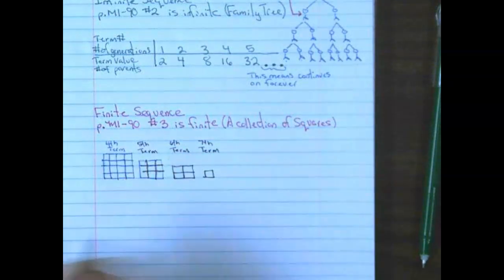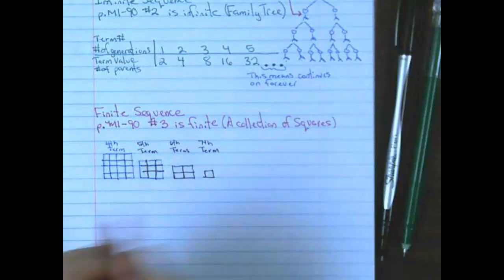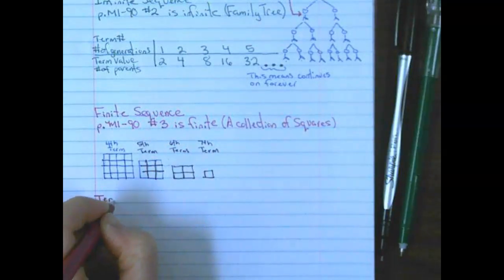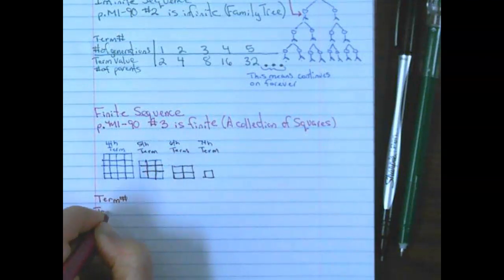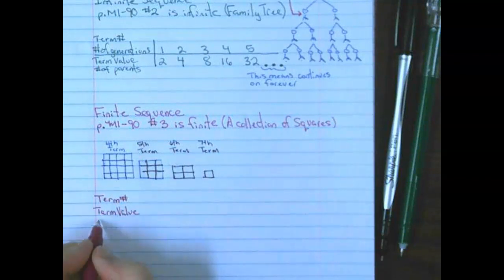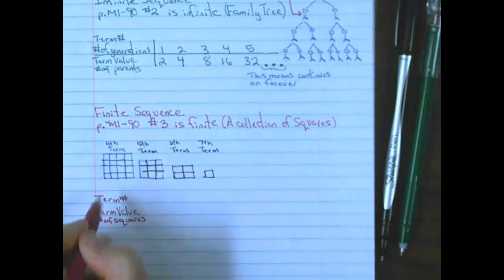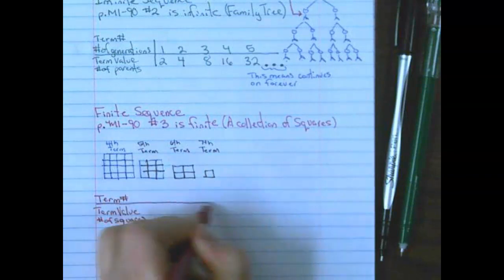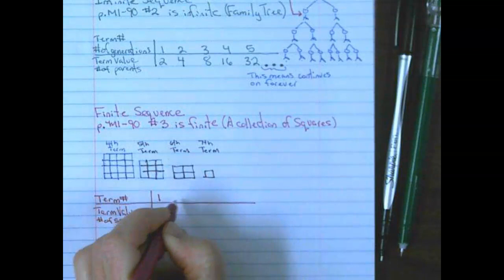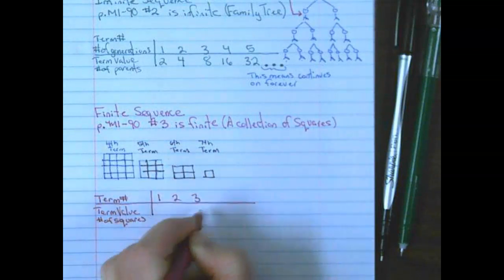But in my table of values here, I'm going to put all of the terms. So I have my term number and my term value. And the term value is the number of squares. Starting at 1, 2, 3, 4.